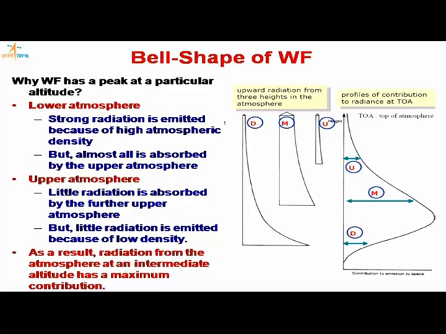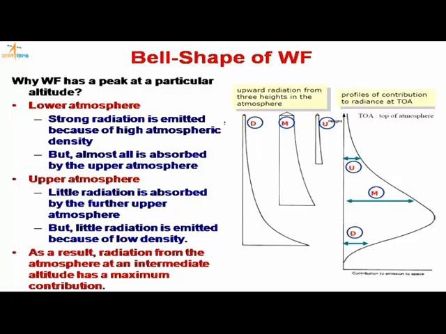If we take an intermediate layer, which is at a lower temperature, it is emitting lower radiation, but above this layer the absorption is smaller, so most of the radiation is able to reach the satellite height. So in this portion we have the maximum weighting function.